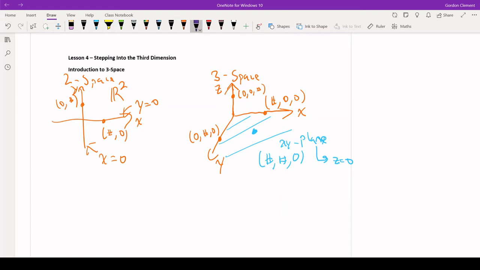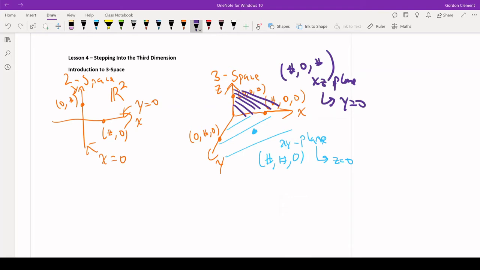In 3 space, the next key plane would be the XZ plane, the one that connects the X and Z axes together. If you're a point on that plane, it just means that your y has to be 0. And so the XZ plane similarly has an equation y equals 0.